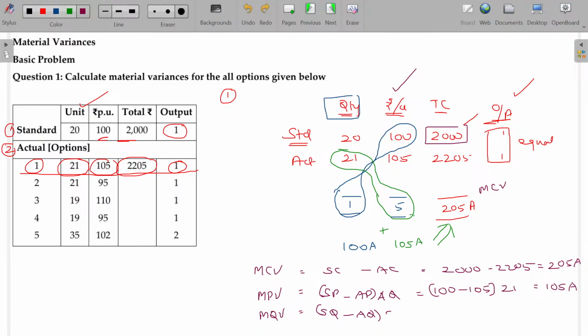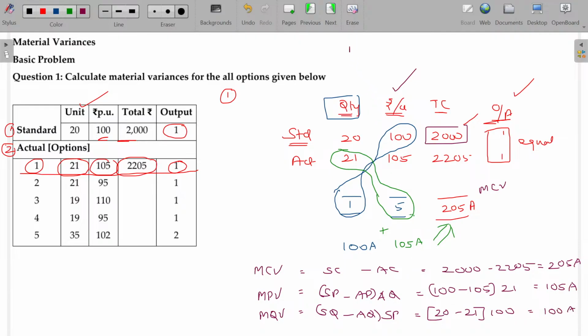Now, standard quantity being 20 as per my estimation at the time of giving the quotation, but actually I consumed 21 units for producing the same commodity. As per the standard price, I spent 100 rupees excess for the excess commodity consumed, being 100 rupees adverse.